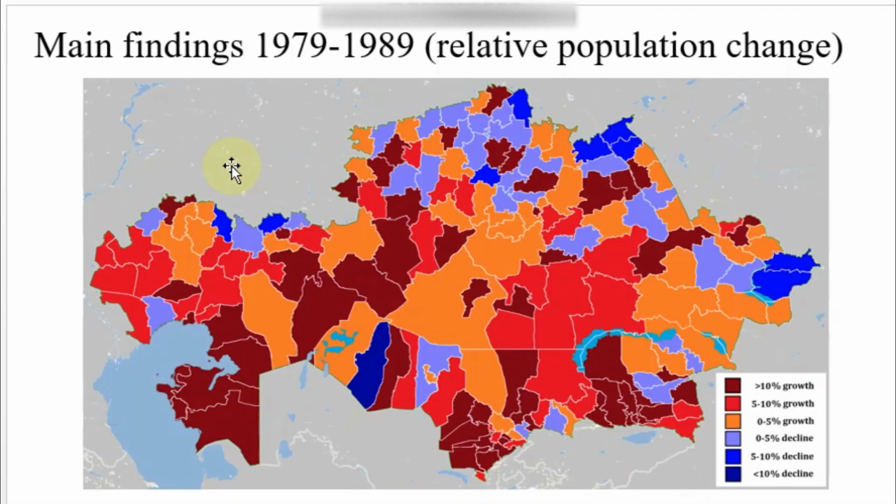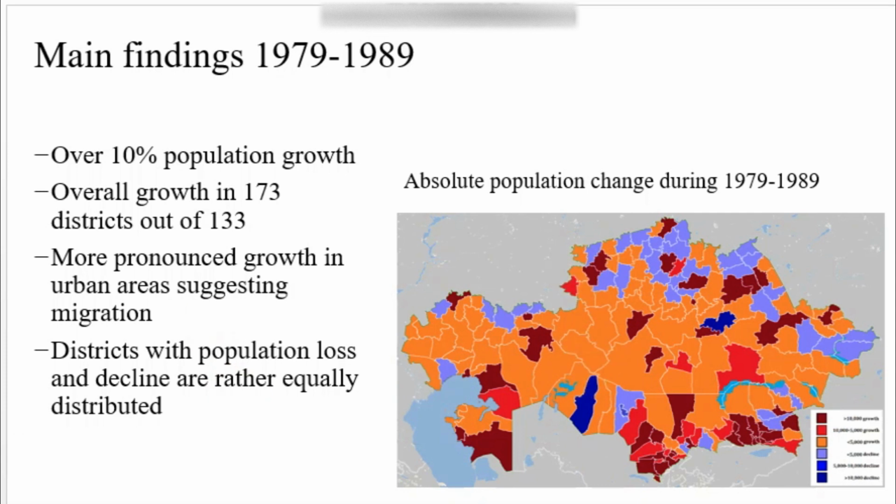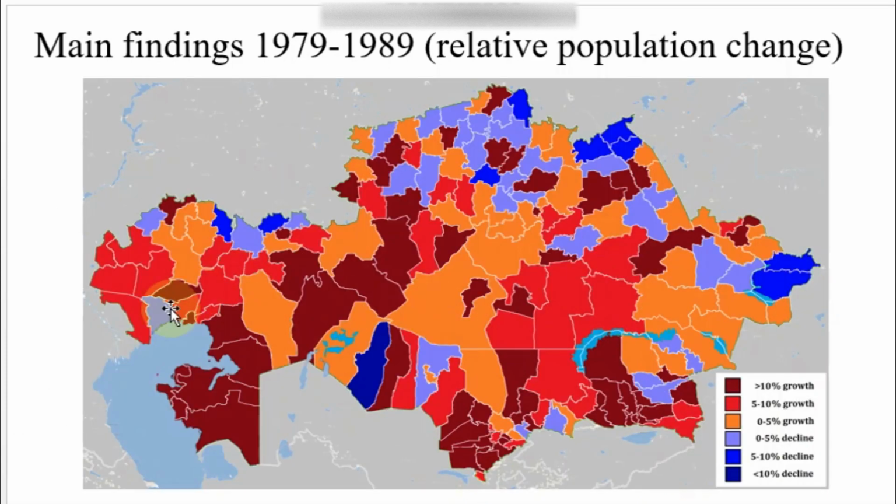So here is the same data in relative terms. This is population change between 1979 and 1989, but measured in percentage terms. As we can see here, the information is consistent with what we saw previously in absolute population change: more or less equal distribution of growing and declining districts of Kazakhstan, slightly more population decline in the northern half of the country.